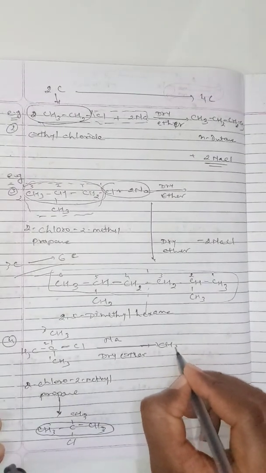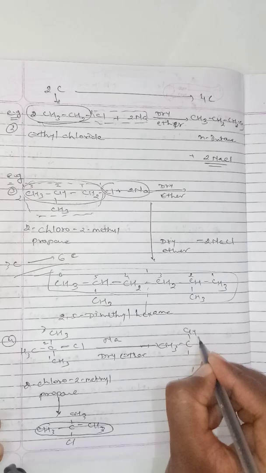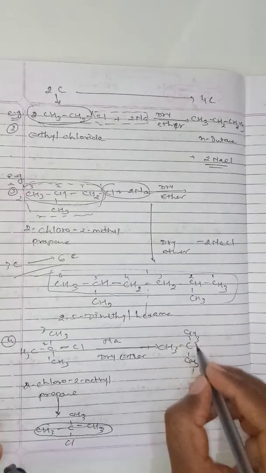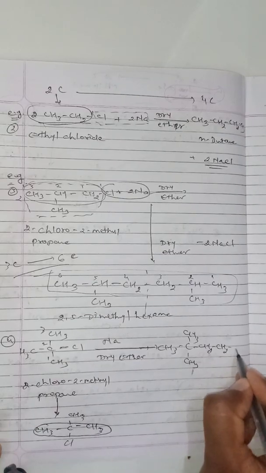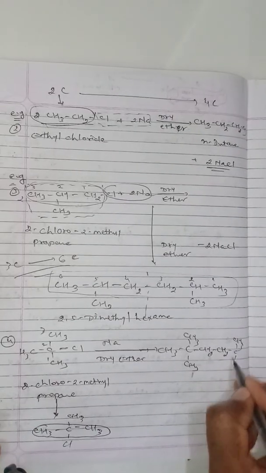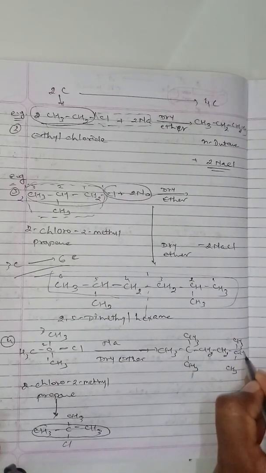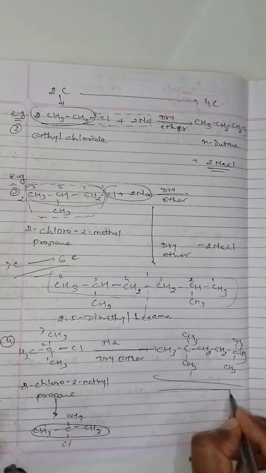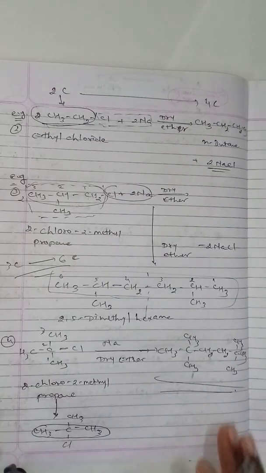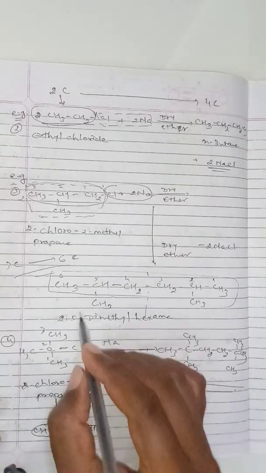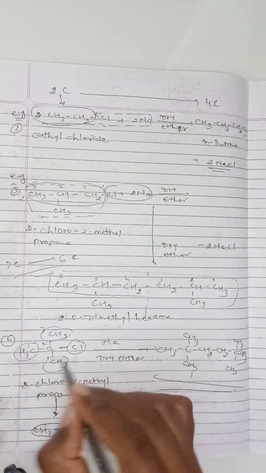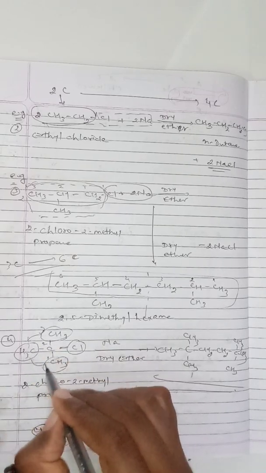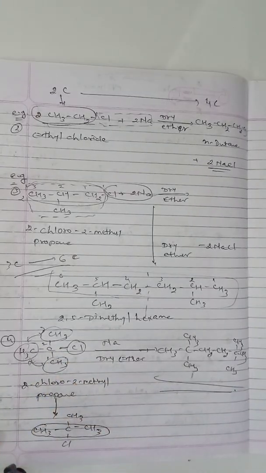From this equation, CH3 CH3 CH3, CH2 CH2 C, CH3 CH3 and CH3 will be formed. And here this chlorine is sterically hindered by 3 methyl groups.